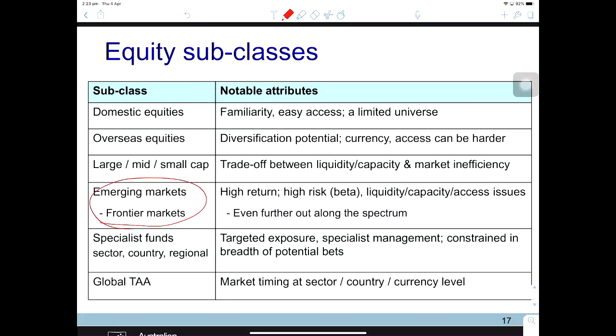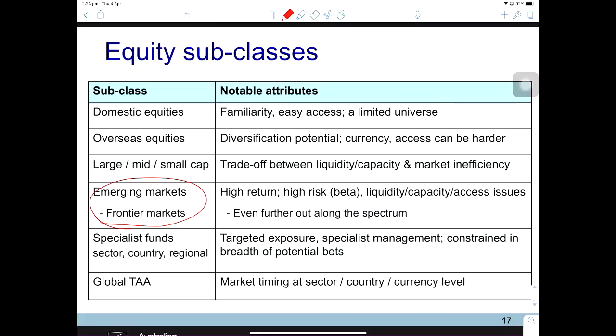Something that has always been attracting a lot of attention from investors is the emerging markets. It's not a separate asset class, it's only a subclass of the world equity market. So if we look at the MSCI World Equity Index, there are about 10% allocated into emerging market equities.